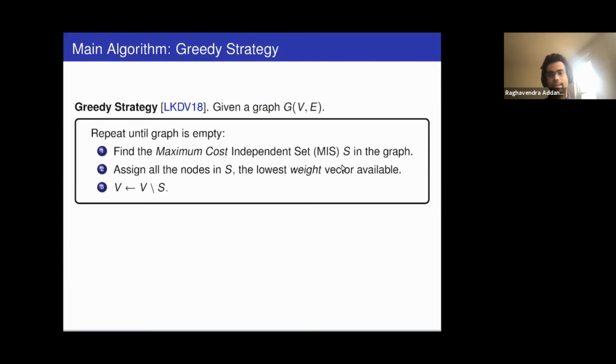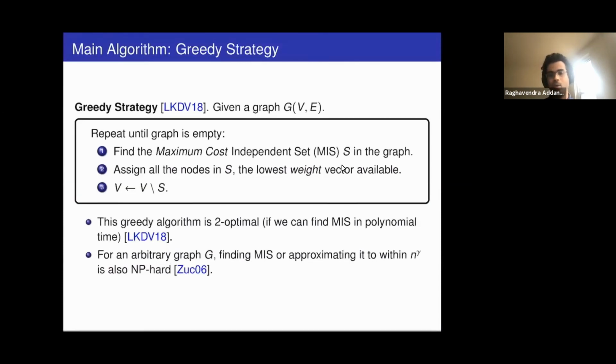In the next iteration, you assign a weight 1 vector, you remove these nodes, and so on and so forth, because you will be assigning m choose 0, m choose 1, and so on, that many vectors continuously. And you'll be done when the graph is empty. Because we are assigning the same vector to every node in an independent set, it's a separating matrix.